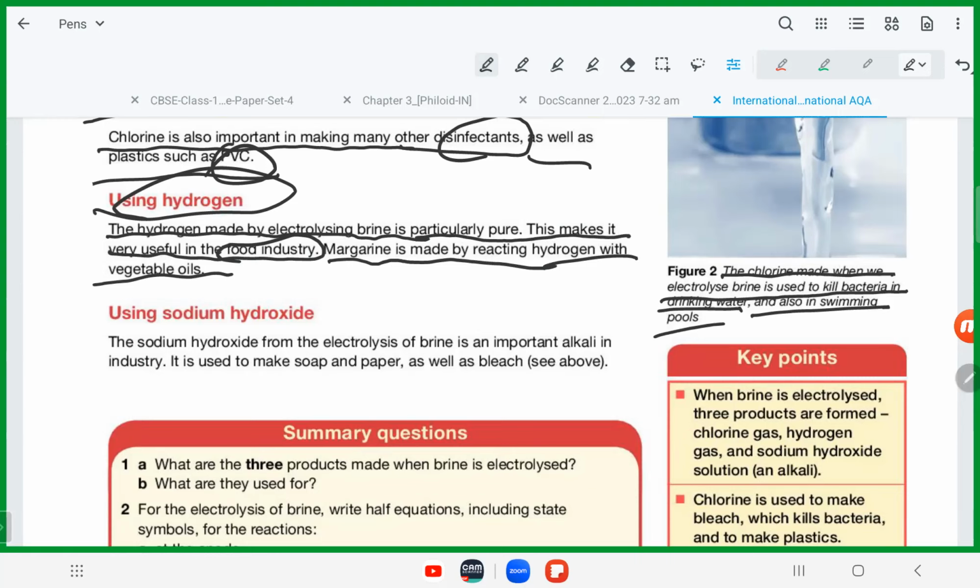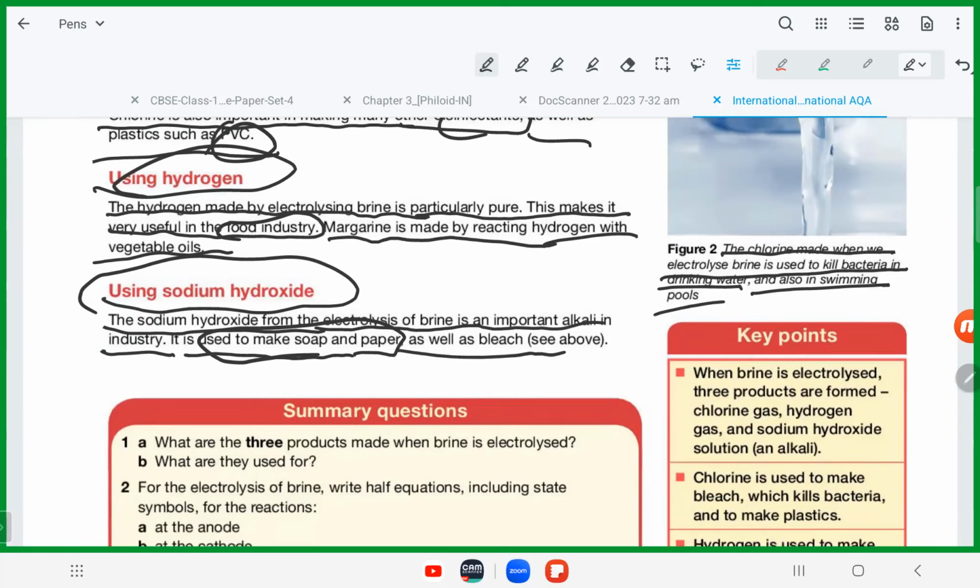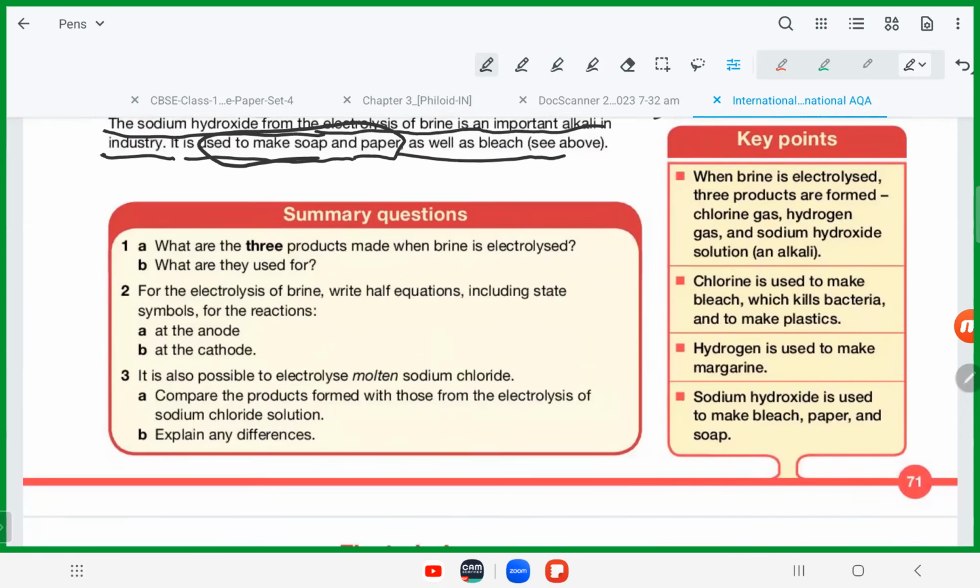In the hydrogenation process it is used to convert vegetable oil into margarine. Now using sodium hydroxide: sodium hydroxide from the electrolysis of brine is an important alkali in industry. It is used to make soap, paper, as well as bleach.